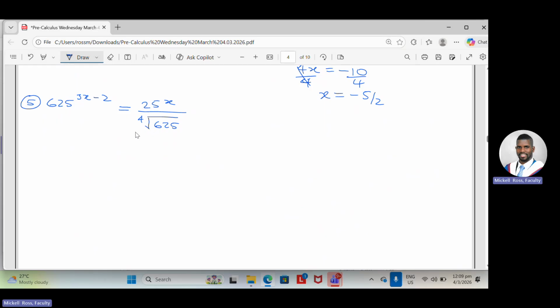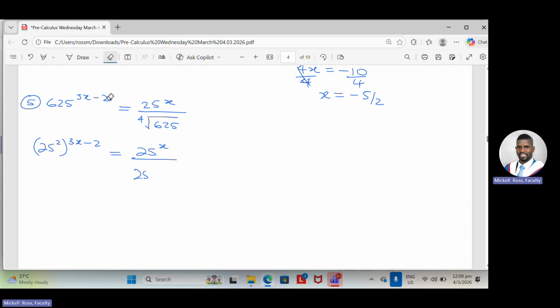In this question, we can write everything to the base of 25. So it is going to be 25 squared equals to 25 to the x, all divided by 25 squared, raised to the power of a quarter, because you're now working with the fourth root.